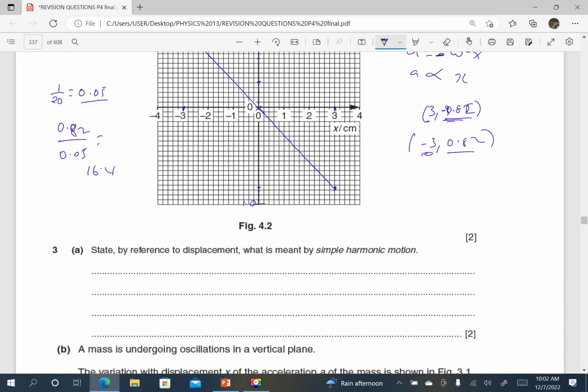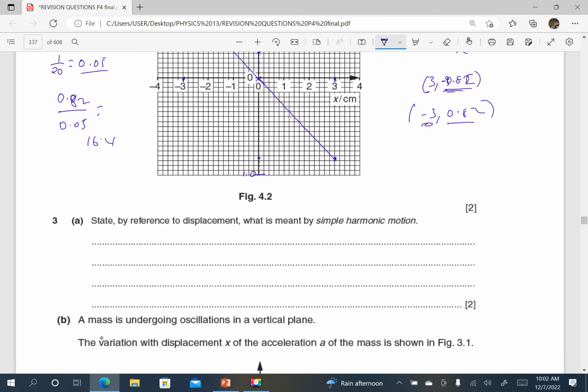State by reference to the displacement what is meant by simple harmonic motion. So we know that the acceleration is directly proportional to displacement, but of course the two are always in opposite directions, or the acceleration is always directed towards the equilibrium position.